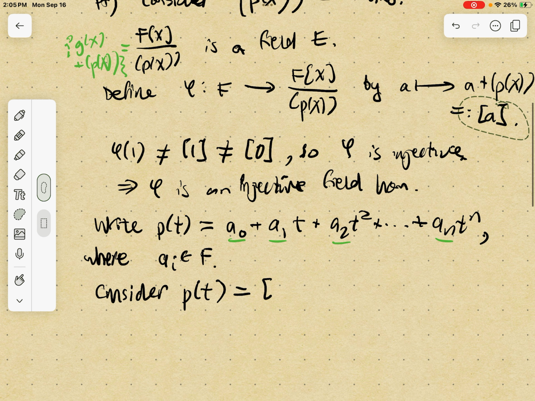So now we have this. Okay, let's use the original color.